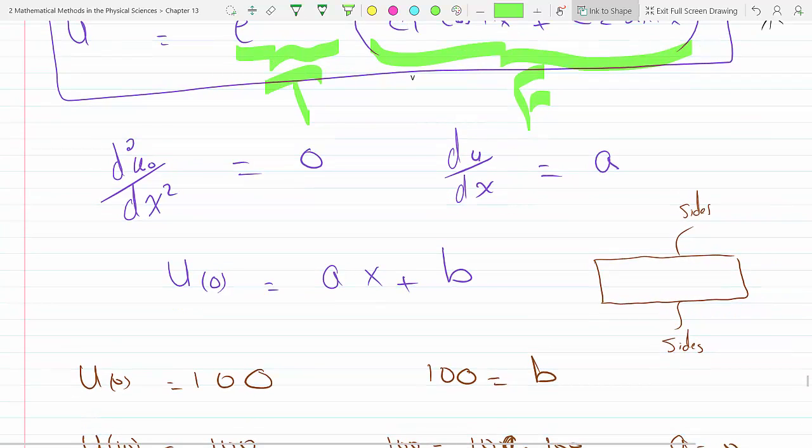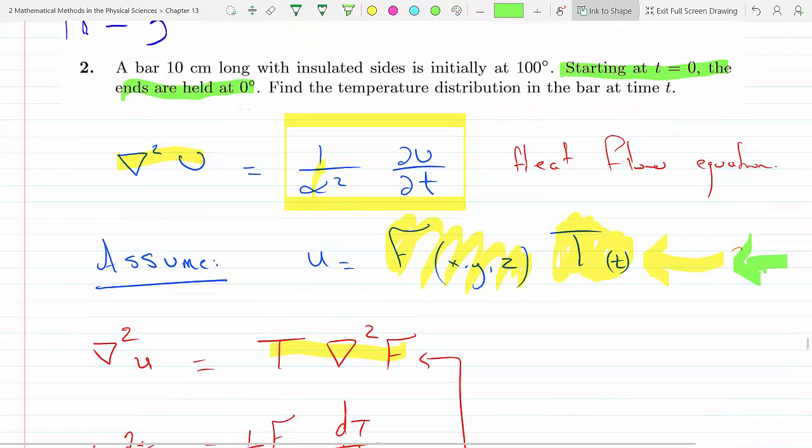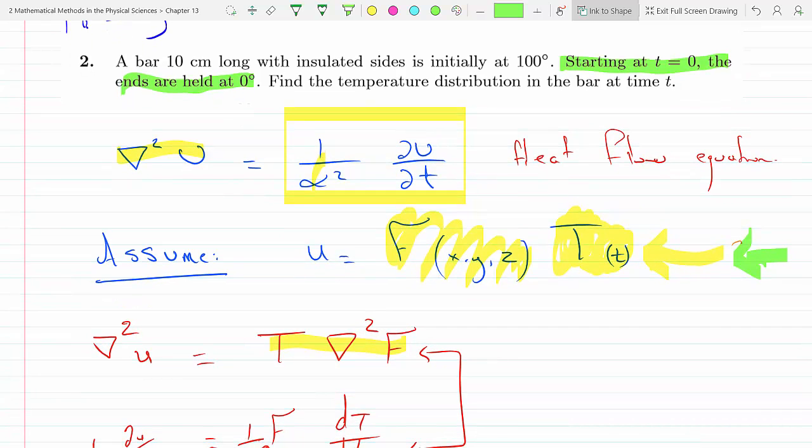Okay, fair enough. So u0 is 100, right? Why is u0 100? Because it said in the question, initially it's at 100.